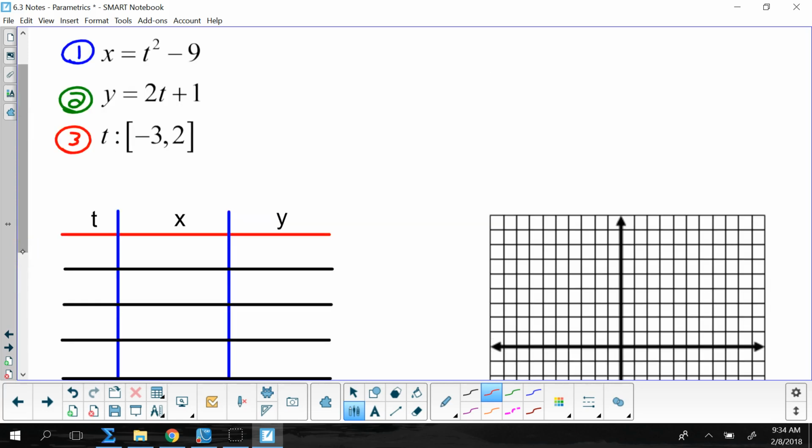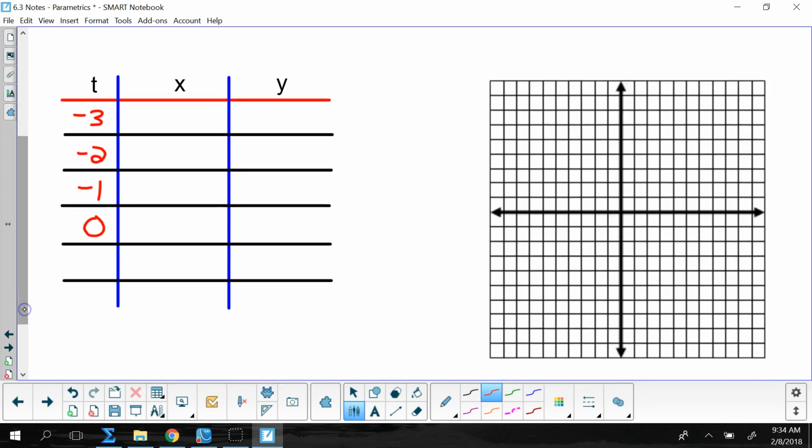My t-values I'm going to set at negative 3, negative 2, negative 1, 0, 1, and 2. I want the values of t between negative 3 and positive 2.